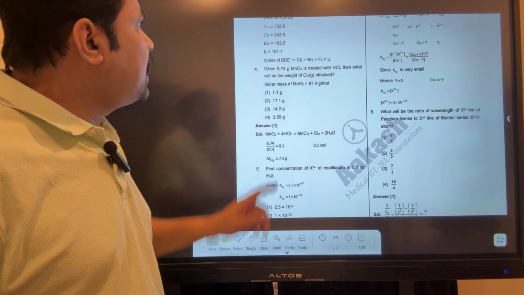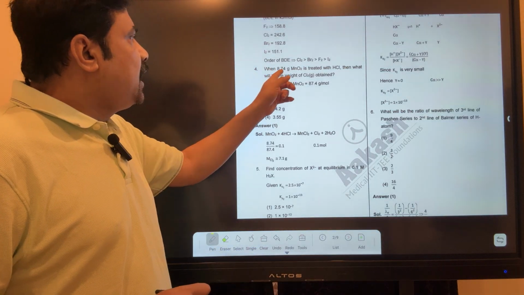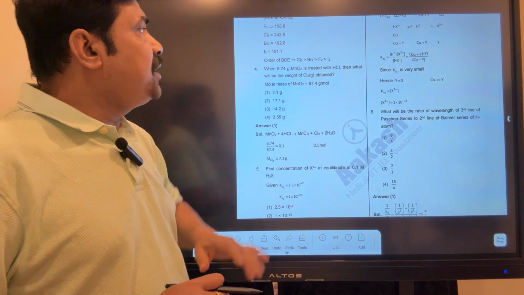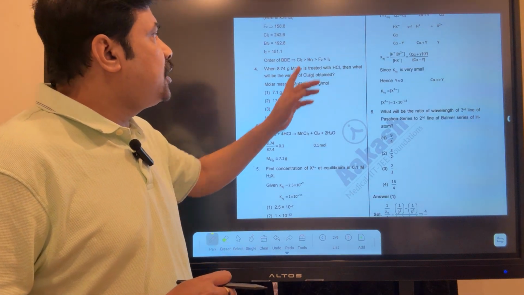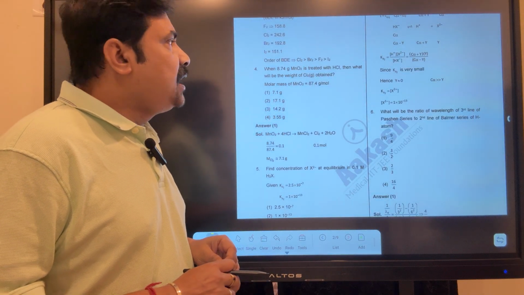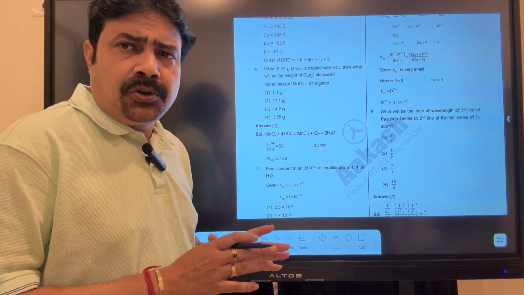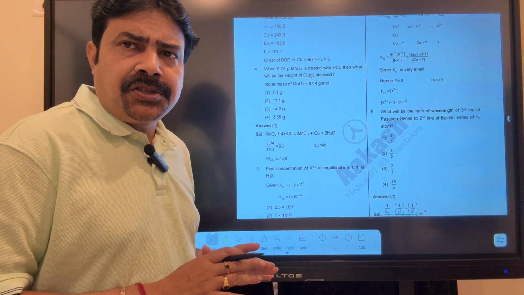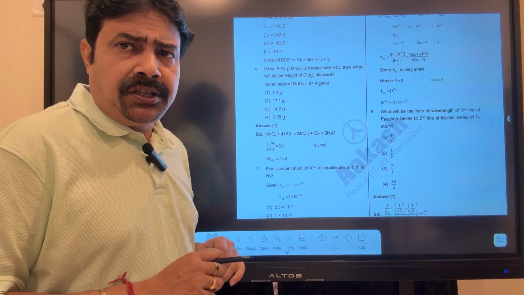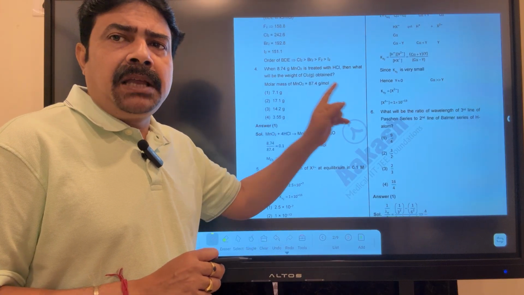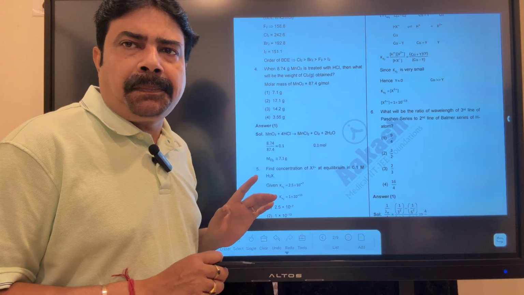Now, if you look at the next question, they are giving 8.74 gram MnO2 treated with HCl, then what will be the weight of chlorine obtained? This is a physical chemistry question, a basic concept of chemistry, stoichiometry related question. You have to write down the balanced chemical equation, then only by mole concept can you solve the problem.